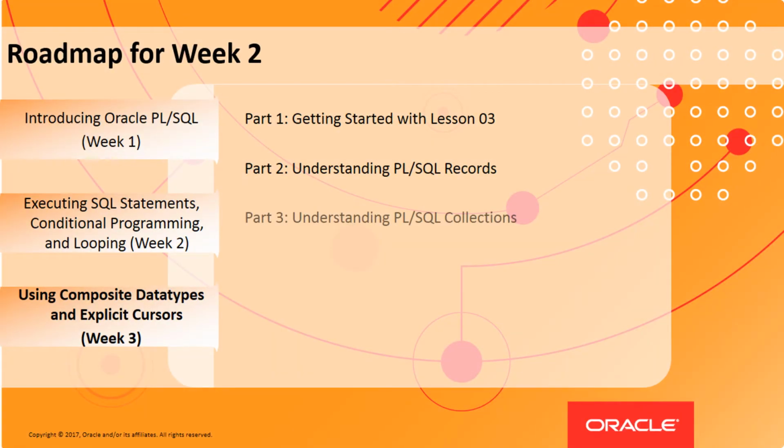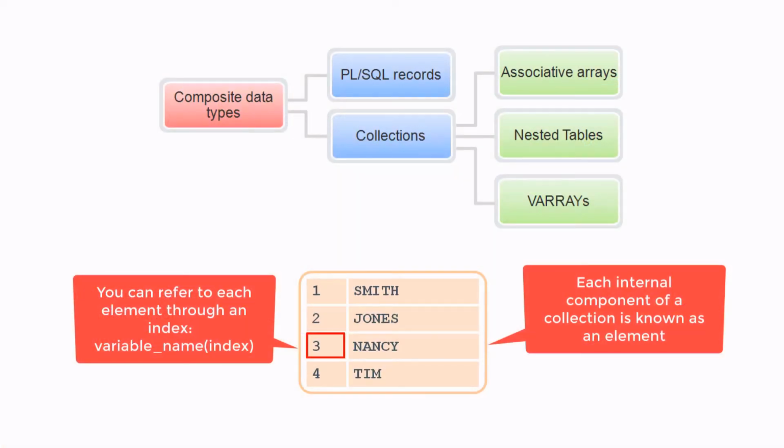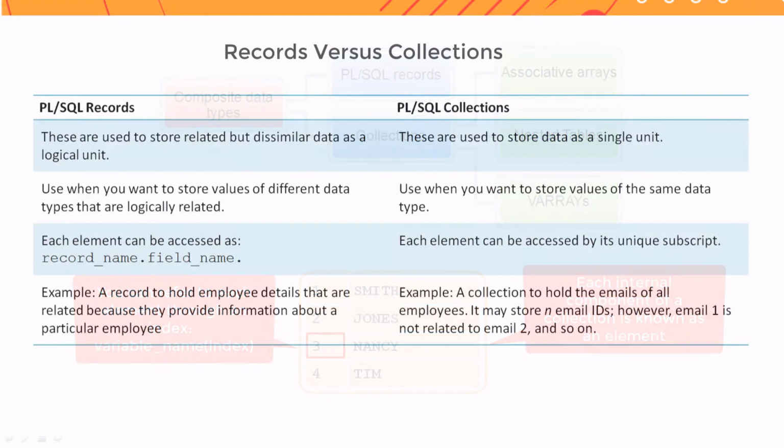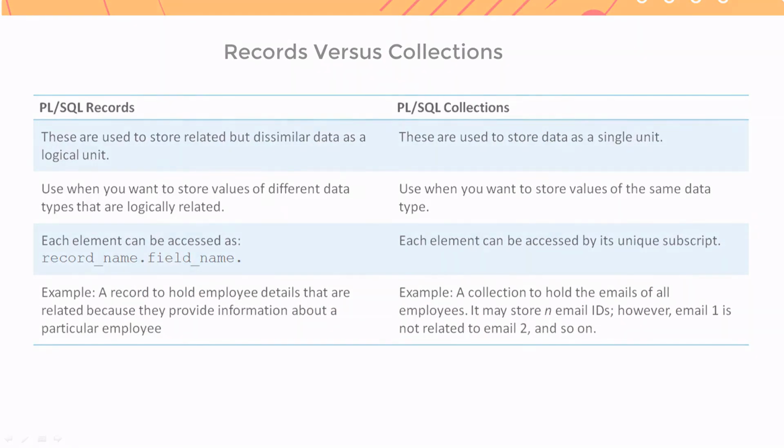In the third video titled Understanding PL/SQL Collections, you learn how to define, declare, and use different types of collection variables in PL/SQL programs. By the end of this video, you will understand the differences between records and collections in PL/SQL.